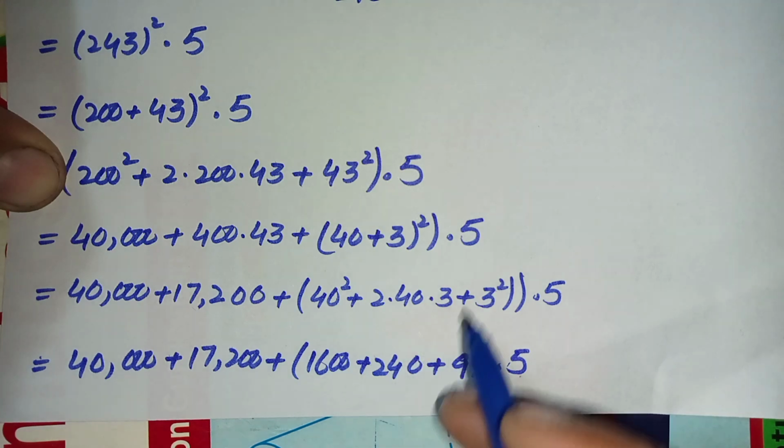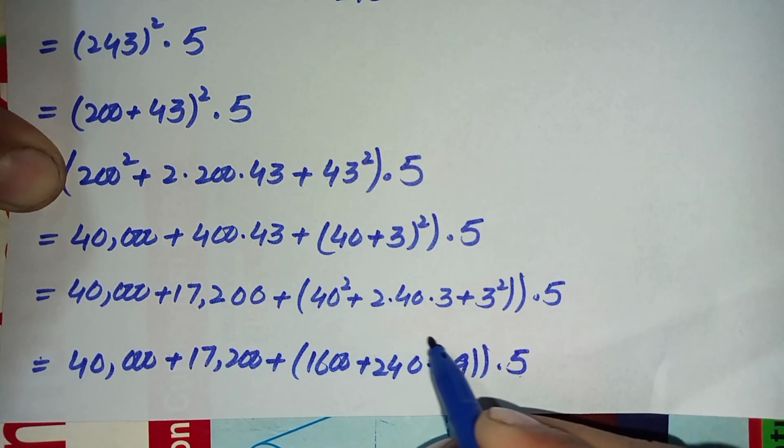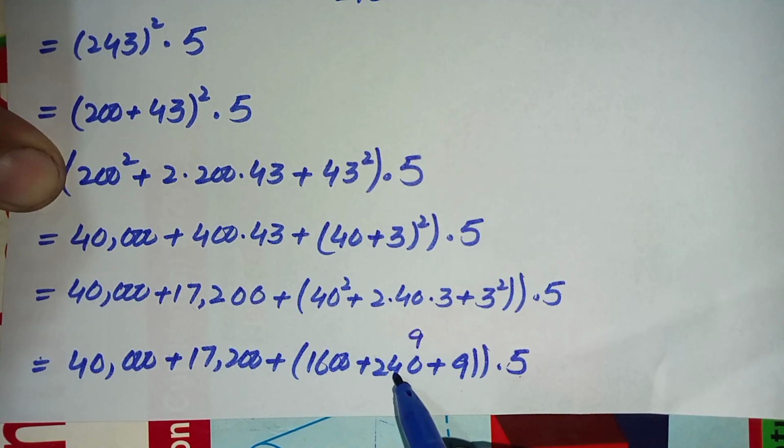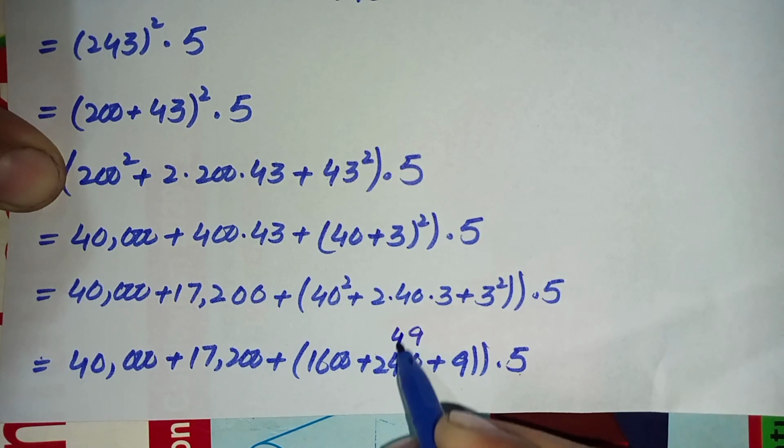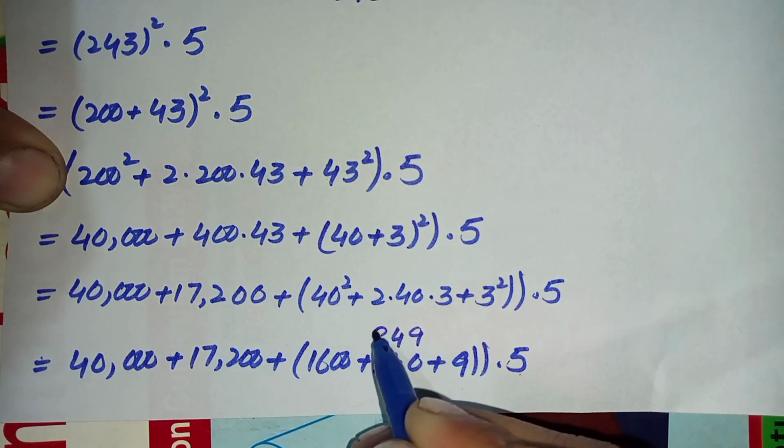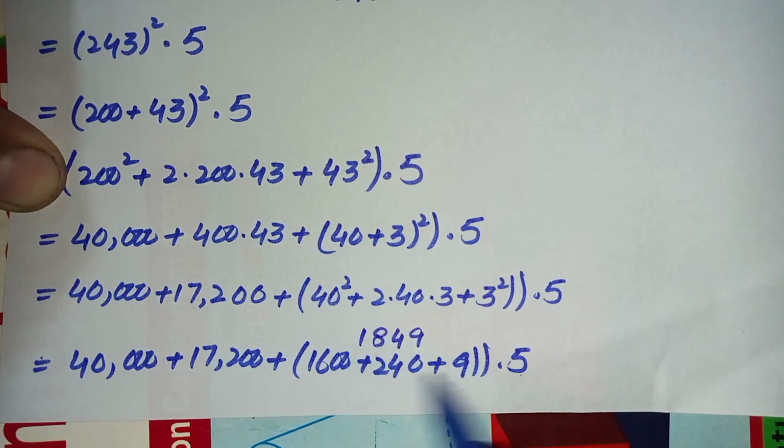Now let us add these three numbers. So 9 plus 0 is 9 and 4 plus 0 is 4, 2 plus 6 is 8 and 1. So by adding these three numbers we will get 1849.